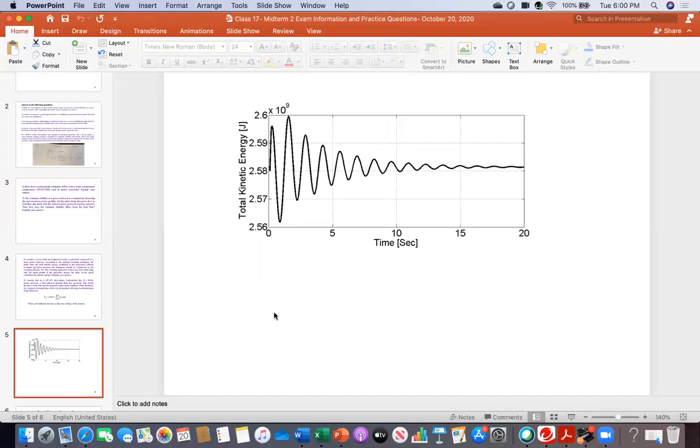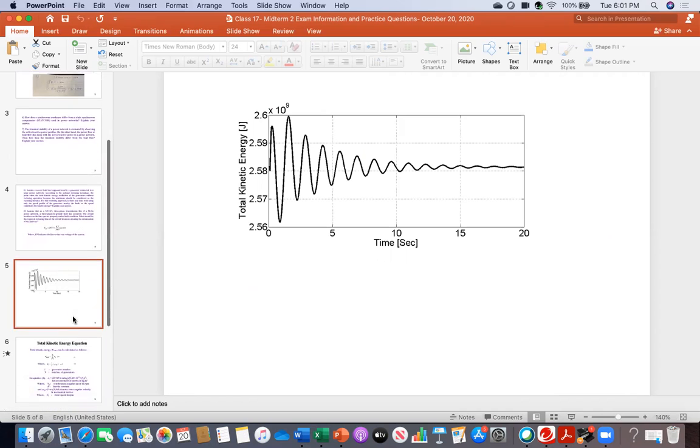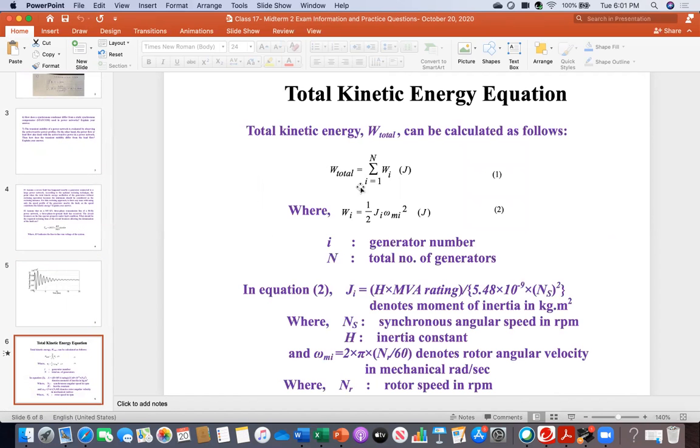And if you plot the speed information, for example, here it is plotted as total kinetic energy versus time, you will see a similar pattern to the speed. We learned that speed increases and then decreases, oscillates, and then settles down. Because the kinetic energy is calculated from the speed, the speed profile also looks like that. But then speed will also have a minimum point. So that's the question: what's wrong? Here this is the total kinetic energy, and there is omega m, which is the speed.